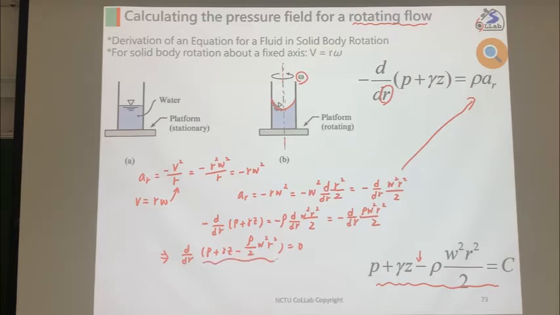In that way we know P plus gamma Z minus rho over 2 omega squared R squared is equal to a constant. Notice that there is a minus, not the positive. So it's P plus gamma Z minus rho over 2 omega squared R squared.